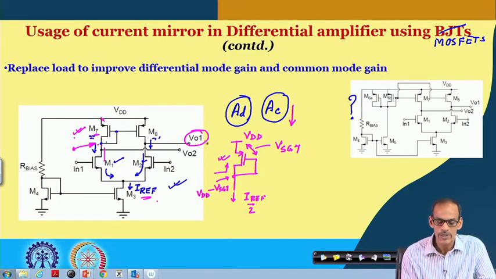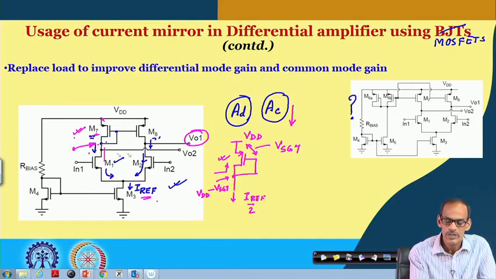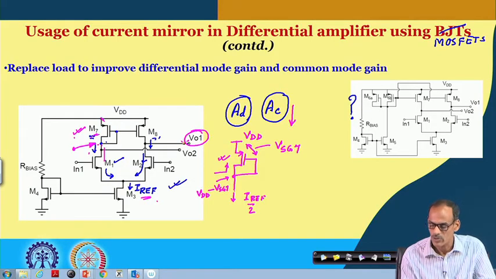So, let me try to explain why the DC voltage here and the DC voltage on the right side are equal.